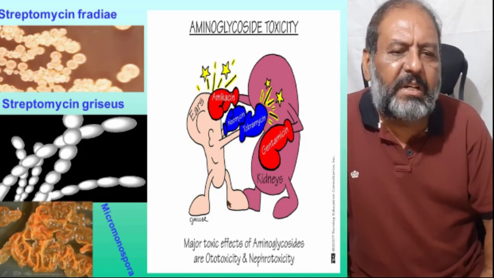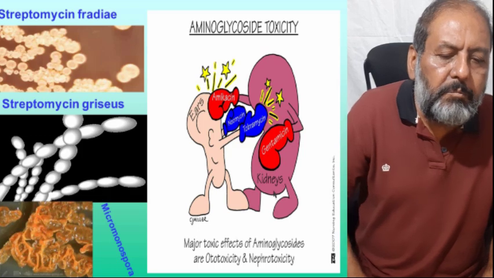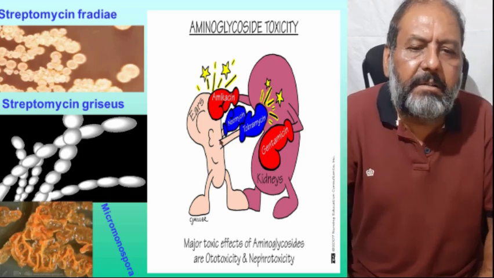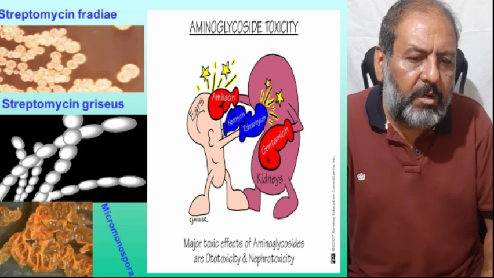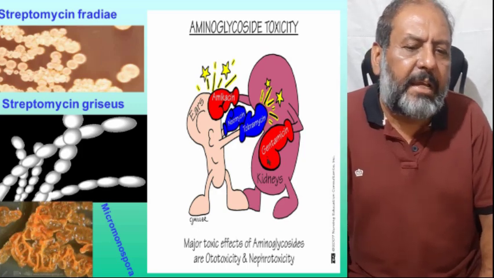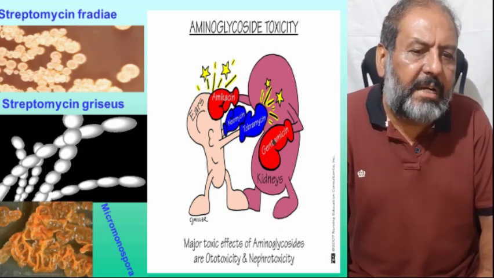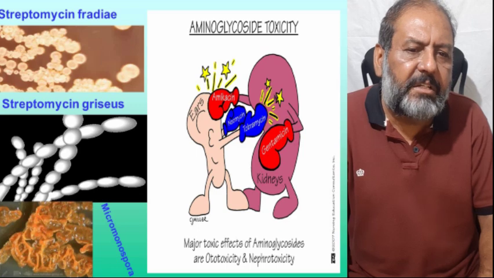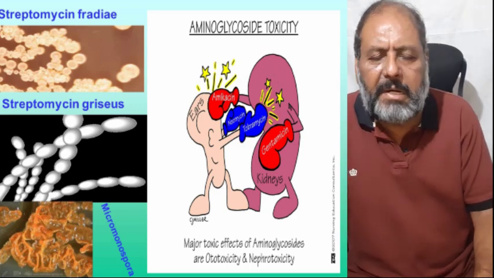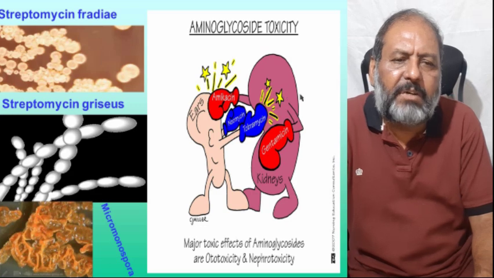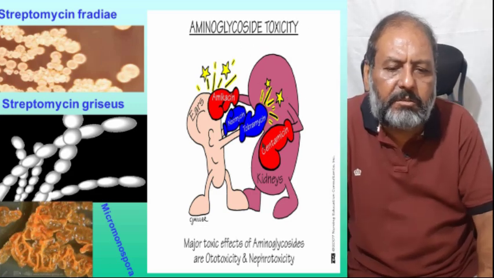And here one can see the kidneys and the ears being damaged by different antibiotics of this aminoglycoside group, like gentamicin, tobramycin, kanamycin, and other aminoglycoside molecules which are capable of causing aminoglycoside toxicity.